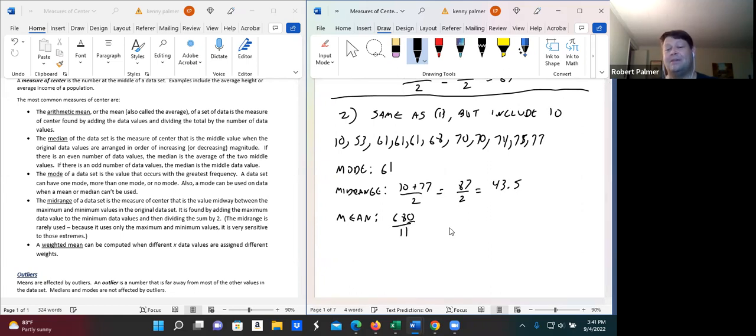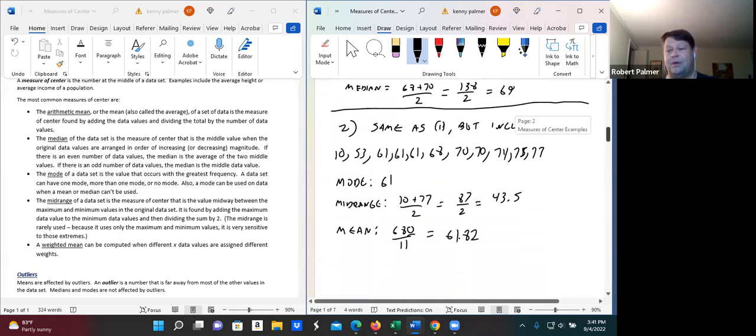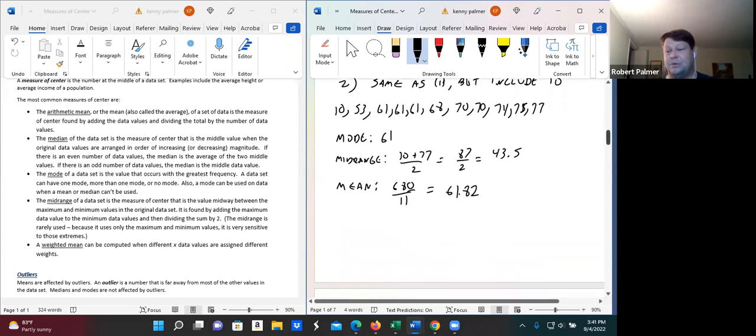And so we now have 11 values. So 680 divided by 11 is, I'll round this off, approximately 61.82. Okay, so now we can see that's a big difference from going from 67, our previous mean, without that lowest value, now to 61, or almost 62.